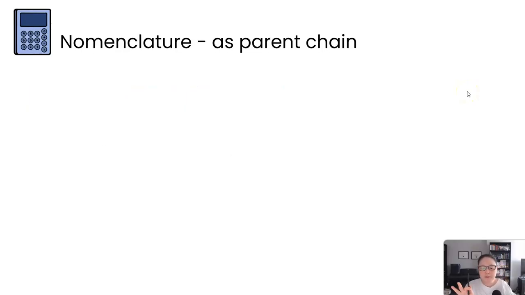So here we start seeing that you can take some of these functional groups and name them as part of the parent chain as the most important functional group. And in some cases, you're going to see them named as a side chain instead, sort of like with those phenyl groups. So if a hydroxyl group is your most important functional group, then you're going to name it as a parent chain. You change the ending, that very last E, into an OL.